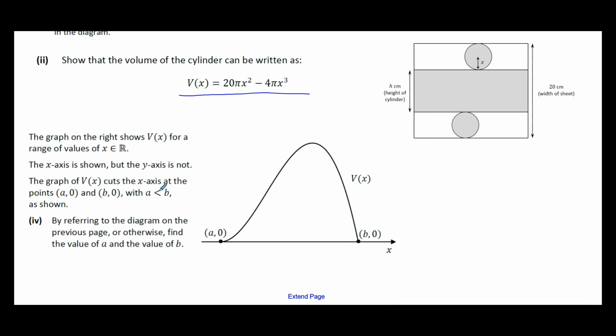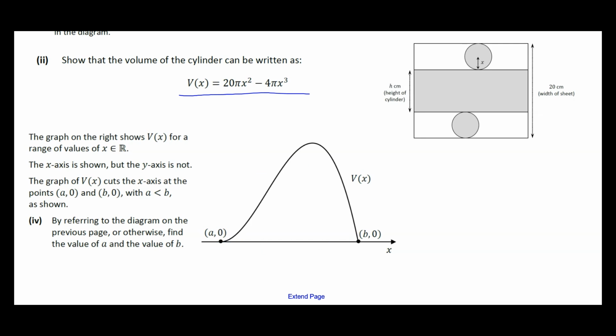They make sure to let you know that A is the first value of x, the smaller one, because somewhere here will be the y-axis, so that is closer to 0, and this is further away, the bigger value of x. So they are saying, by referring to the diagram on the previous page or otherwise, find the value of A and the value of B. So that's what I'm looking at.